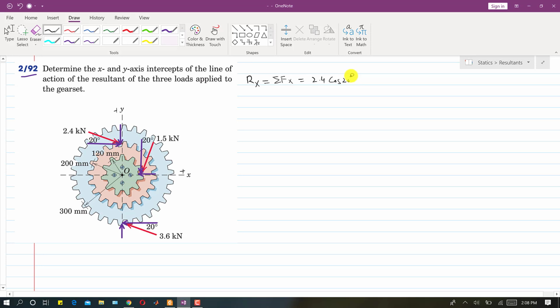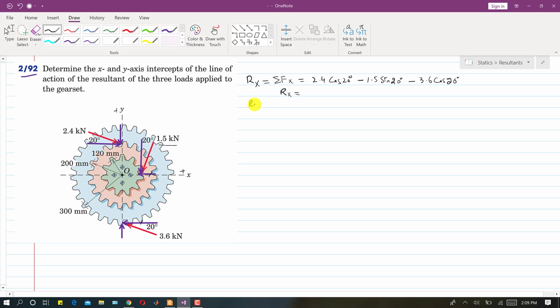Now this component is in the negative x direction, and it is the sine component of this 1.5 kilonewton, so I will write minus 1.5 sin 20 degrees. Similarly, this component is along the negative x direction, and it is the cos component of this 3.6 kilonewton, so I will write minus 3.6 cos 20 degrees. This will give us Rx.